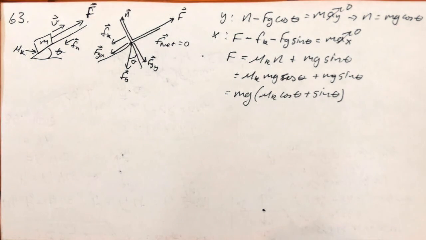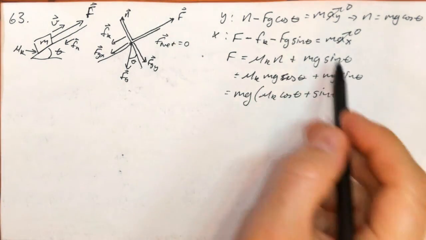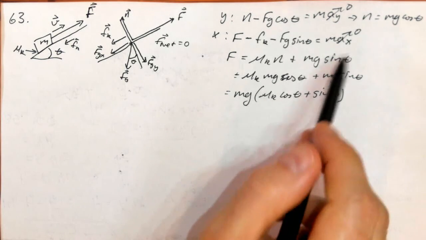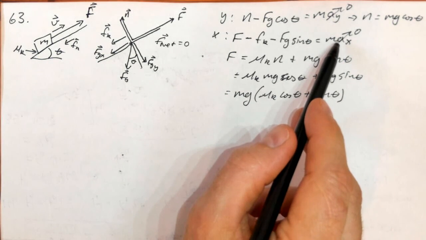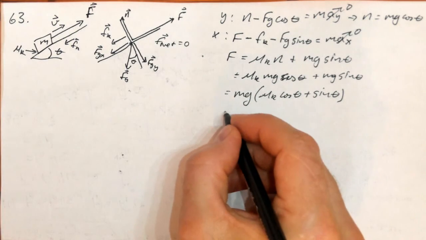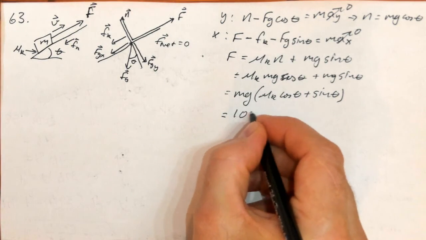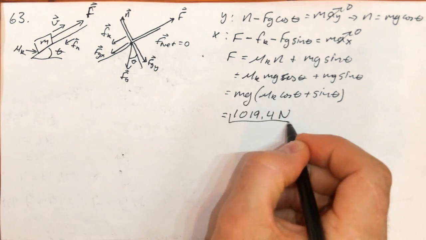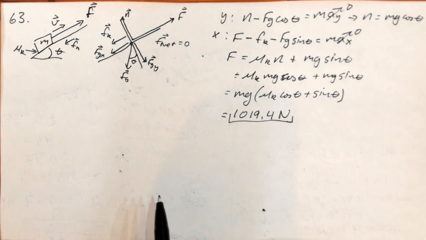Okay, and that gives us now the force. So we had to use free body diagrams to figure out how big this force is, knowing that the speed of the bale going up is constant and it's not jumping up and down off the incline. Plugging in your numbers, you get 1019.4 newtons, which is an intermediate number, so I kept a lot of digits.